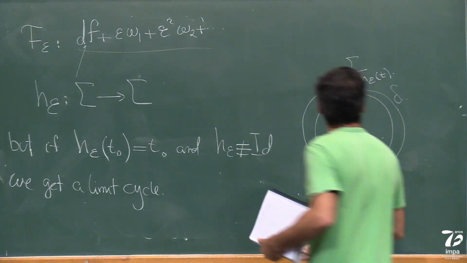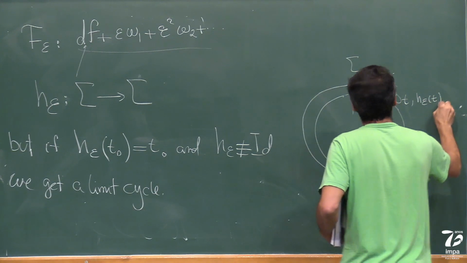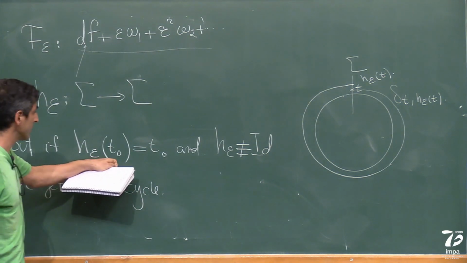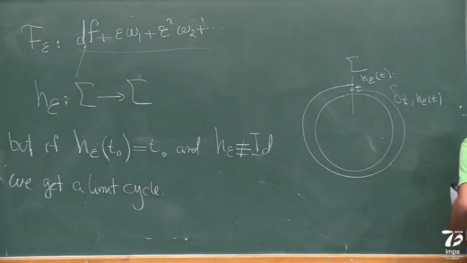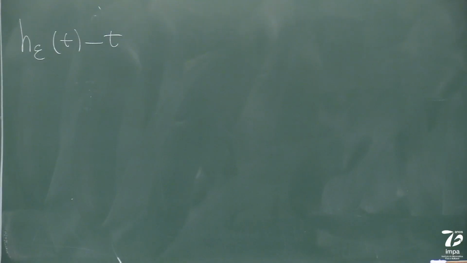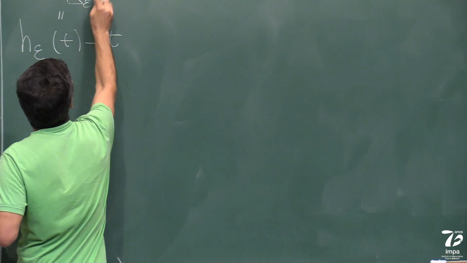So let's call this one h epsilon t. Something that appeared in the first talk: you want to control the fixed points of this one. Since we started from an analytic context, you consider this difference, so you are looking for the zeros of this function. I think in Pavão's notation it was delta epsilon t.